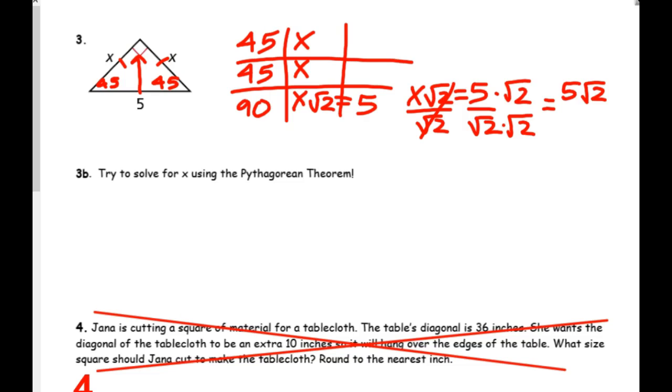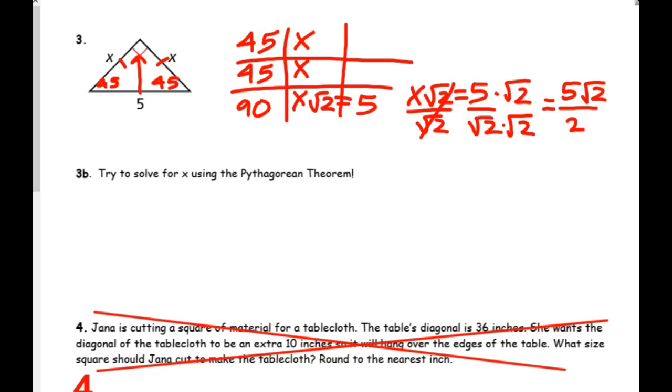And then on the bottom, square root of 2 times square root of 2. What's square root of 2 times square root of 2? What do you think? Someone said it, but square root of 2 times square root of 2 is just the number 2. It gets rid of the square root sign. Because square root of 2 times square root of 2 is square root of 4, and hopefully you know the square root of 4 is just regular 2.